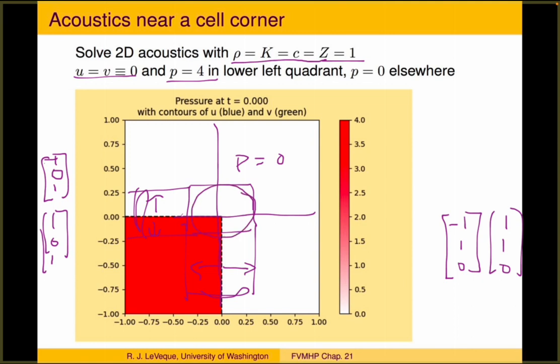The information about what's going on at the corner spreads out isotropically in all directions if we really solve the Riemann problem correctly. So outside of the circle, these two plane wave solutions are correct, but inside the circle, something else happens near the corner. And it's that something else that we're approximating with these transverse waves that are now being used to transfer information to neighboring cells.